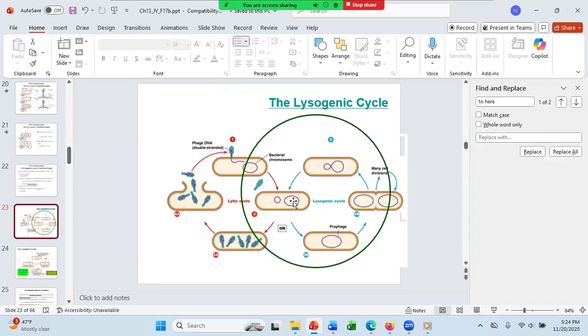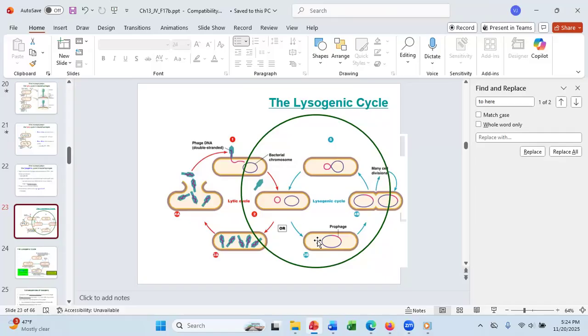If it decides to enter the lysogenic life cycle, a couple of things happen. First, the viral genome integrates into the host cell chromosome. That viral genome is now called a prophage, where the virus is integrated into the host cell chromosome.